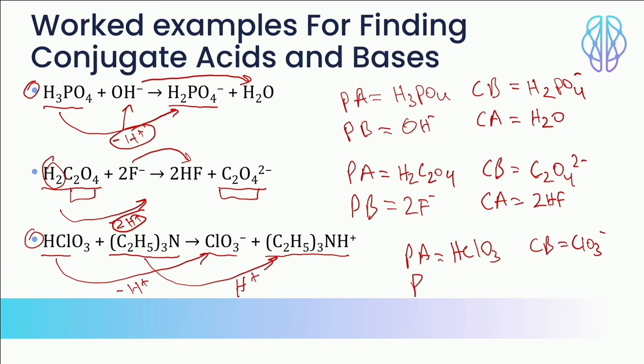Our parent base is the proton acceptor. So bear with me, so a little long. Thus, the conjugate acid of the parent base is this here. Hopefully that's clear now.